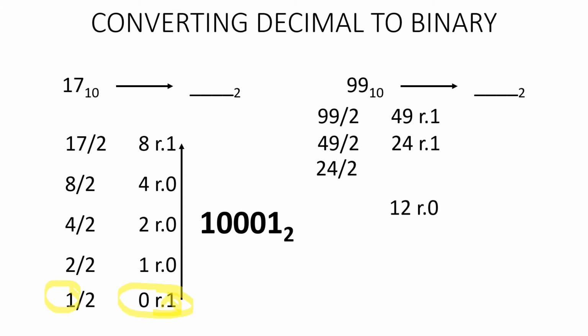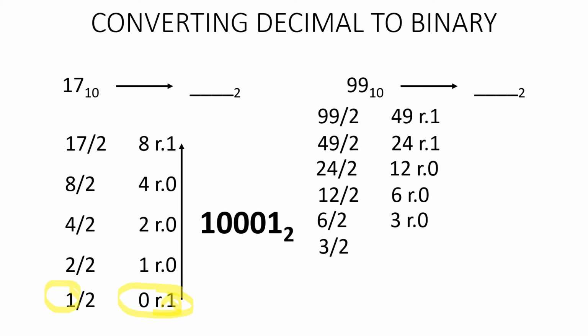And then 24 divided by 2, that is 12, remainder 0. Then 12 divided by 2, that is 6, remainder 0. 6 divided by 2, that is 3, remainder 0. 3 divided by 2, that is 1, remainder 1. And lastly, 1 divided by 2 is 0, and the remainder is 1.